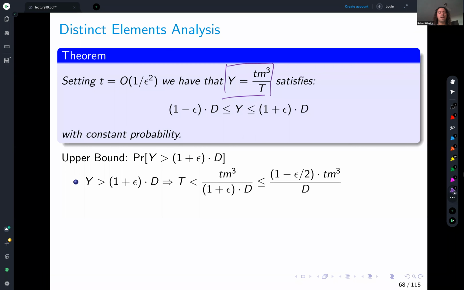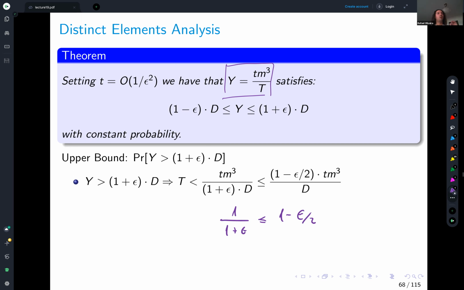Then it means that t will be less than t m cubed over (1 plus epsilon) times d, which in particular, if I use the inequality that 1 over (1 plus epsilon) is less than or equal to 1 minus epsilon over 2, I get exactly this bound.